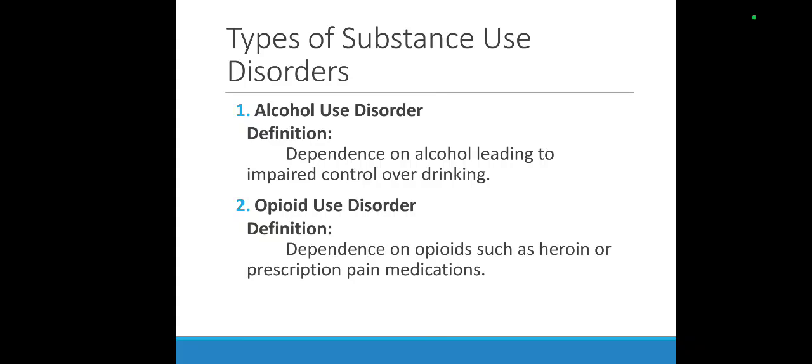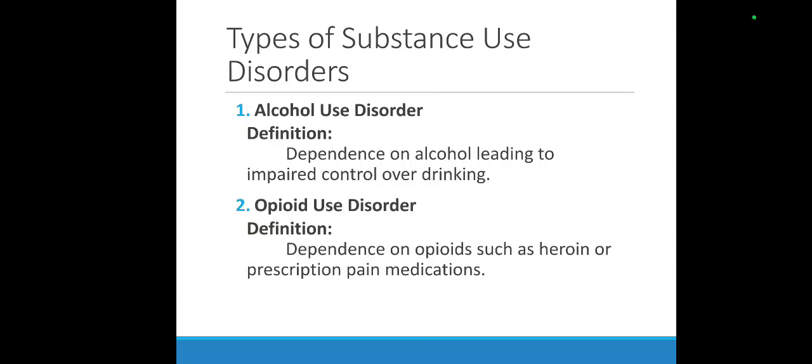That is why pain assessment is very, very important. You have to really identify what type of pain the patient experiences, if it's mild, moderate, or severe, and you have to follow the WHO analgesic ladder.